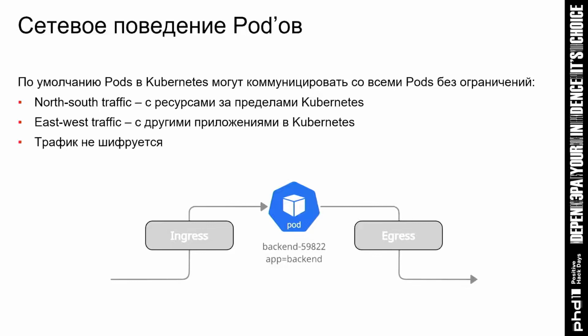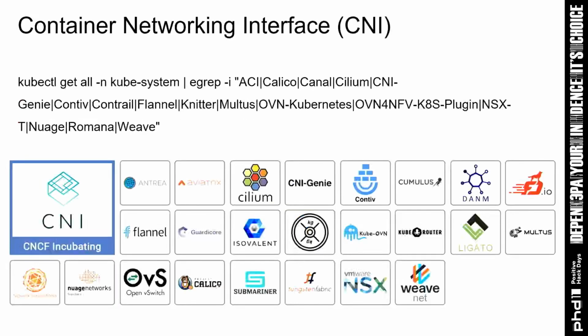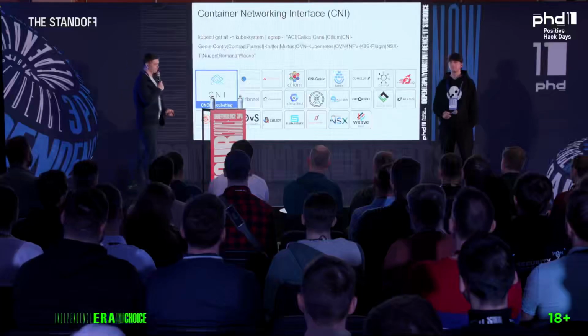Say developers don't have access to it, but they do have access to the dev namespace, and then he addresses the prod database and gets all the user data because there are no constraints in place. So when Kubernetes comes out of the box, the network is fully flat and everybody talks to everybody.